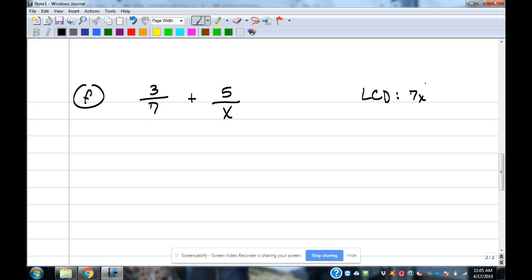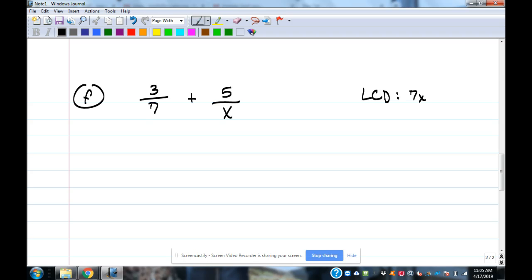Now, when we did fractions with numbers, way back, maybe it was a problem like this, 3 over 7 plus 5 over 4. It's the same idea. The common denominator for 7 and 4 was what? 28. What 28 is really 7 times 4, right? That's where we're getting that from.